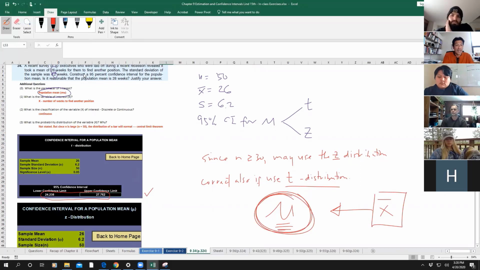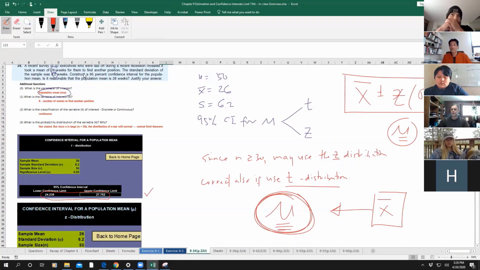So in the formula, X bar plus or minus Z times sigma over square root of n, there's really no place for mu, because we're trying to estimate it using this formula. Does that make sense? Yep. Okay. Shania, hopefully I didn't throw you off there. It's okay.